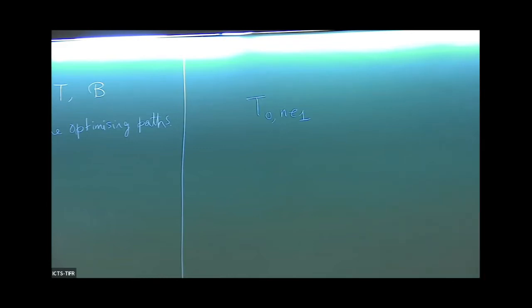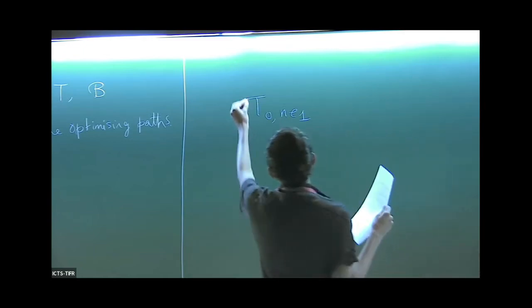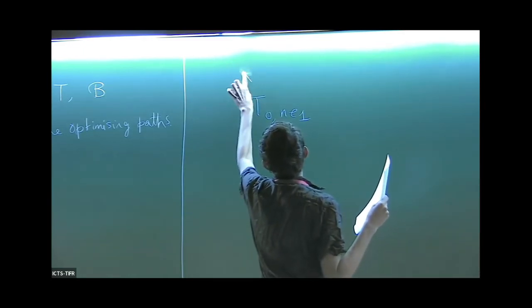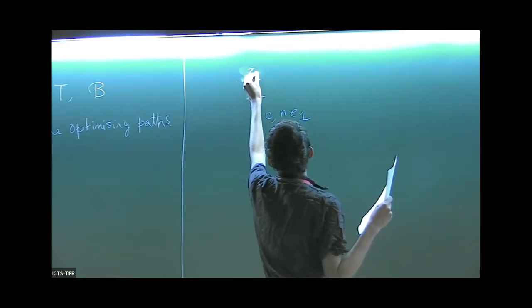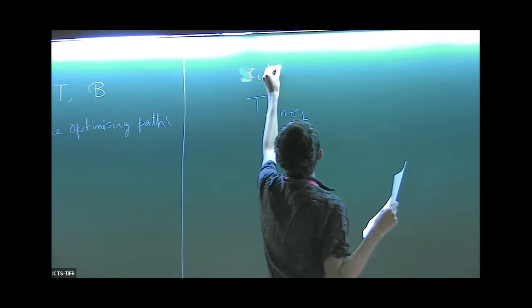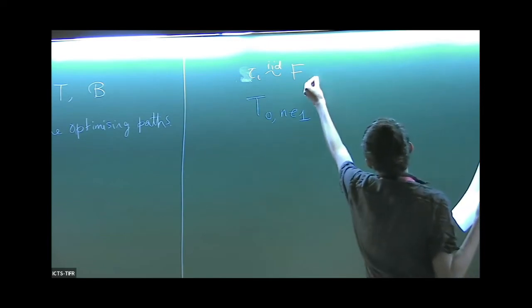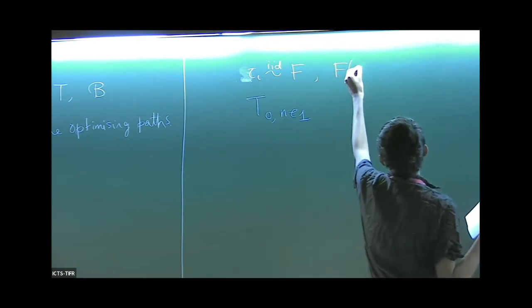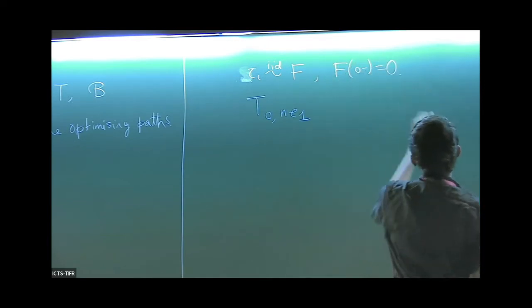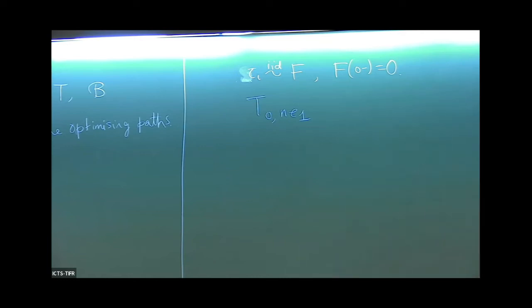So let's make some assumptions. The tau e are assumed to be IID following some distribution F. As I have already said, F will be non-negative, so F is the distribution function of the edge weights, and F(0-) is 0.